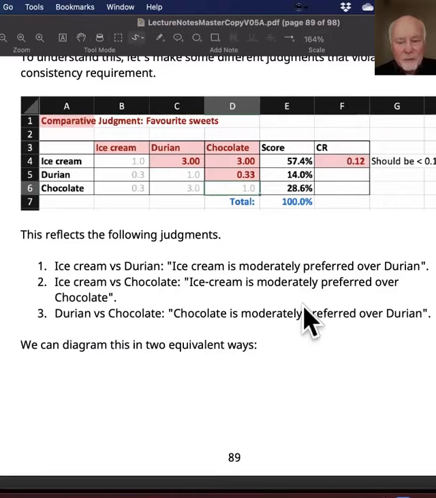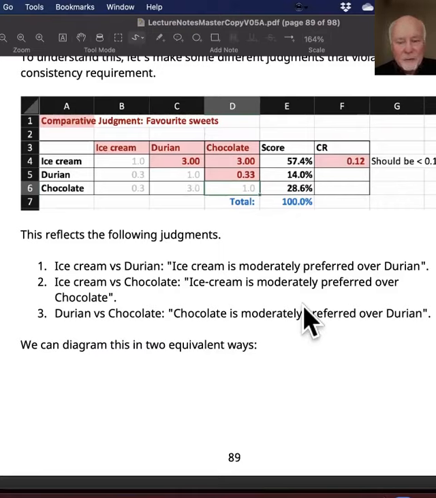Okay. So one way of looking at it, taking the numbers directly out of the spreadsheet: ice cream is moderately preferred over durian. This is saying that chocolate is moderately preferred over durian. And this is saying that ice cream is moderately preferred over chocolate.